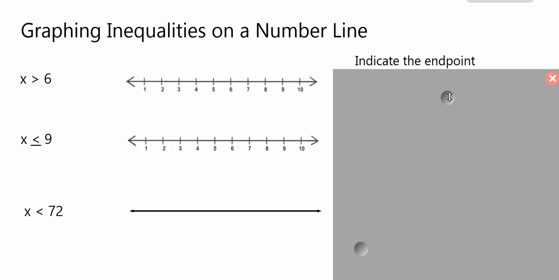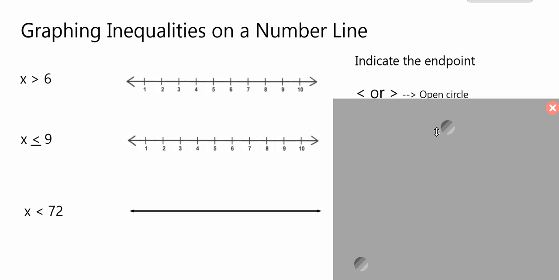When we are dealing with this, there are certain details that you have to pay attention to in order to properly communicate the correct inequality. In this case, we've got x is greater than, not greater than or equal to. If the inequality symbol is less than or greater than, we're going to put an open circle on the 6.